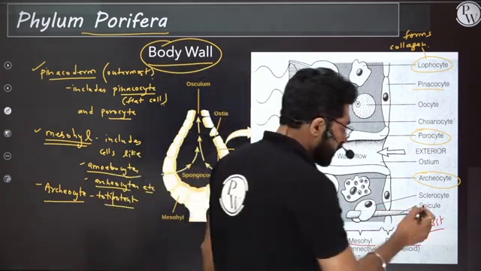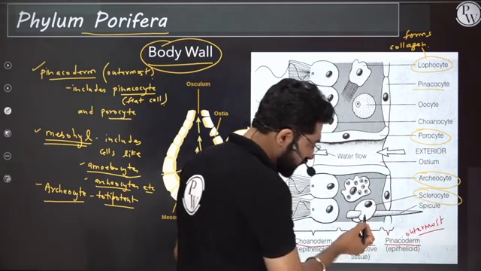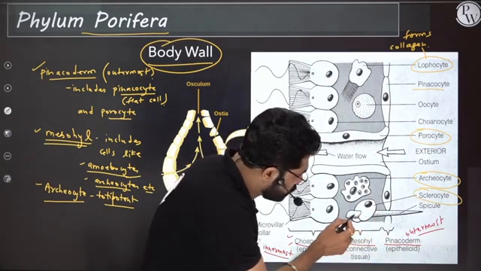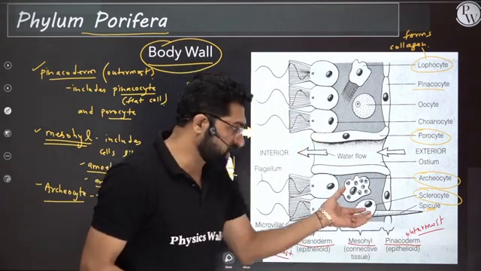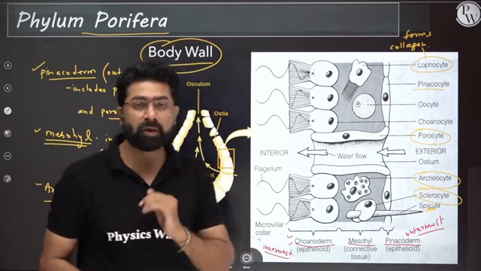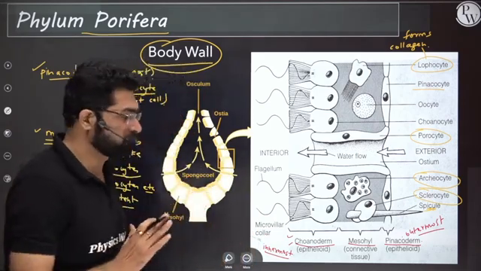Sclerocytes, can you see them? This sclerocyte is forming a structure called a spicule. So the sclerocytes form the spicules in the sponge. Clear?